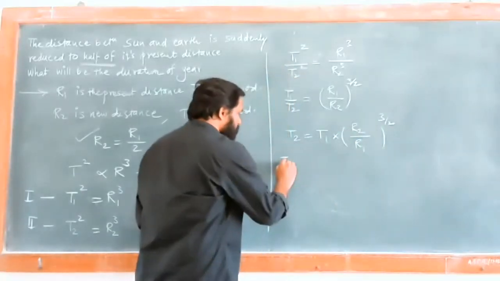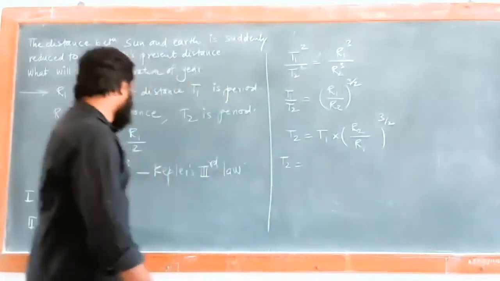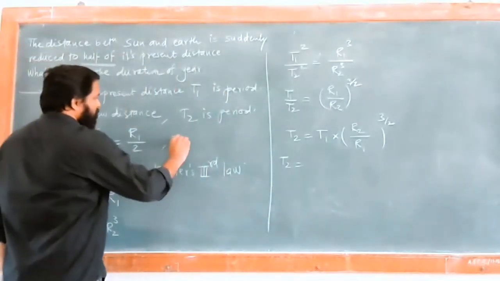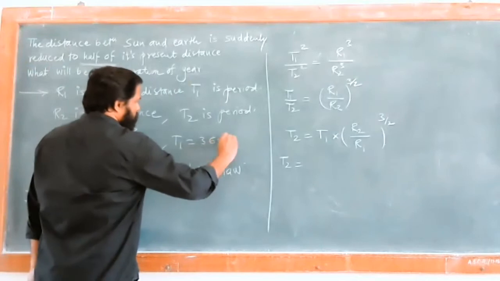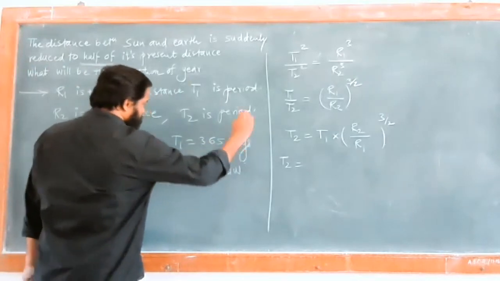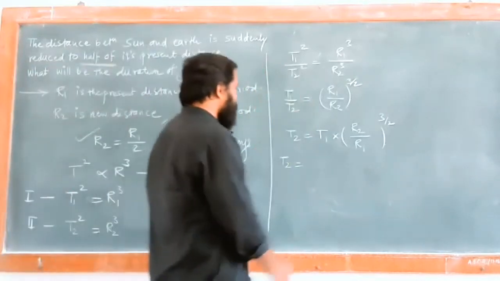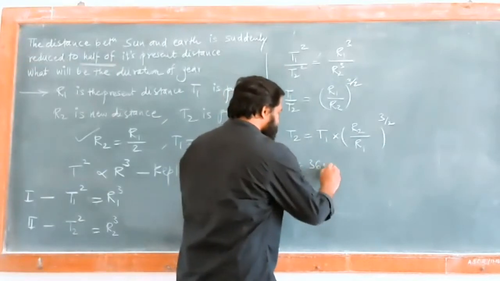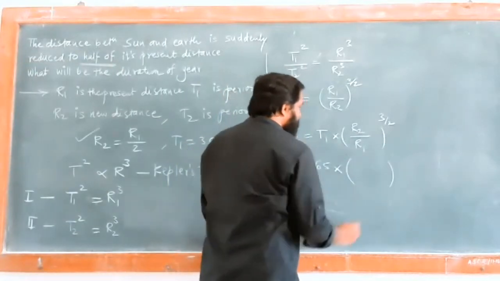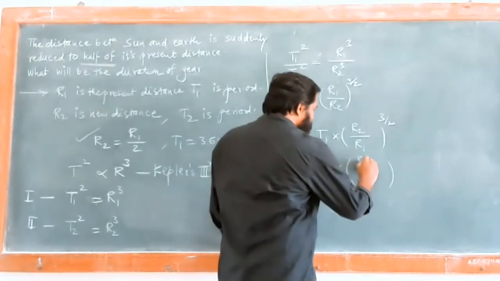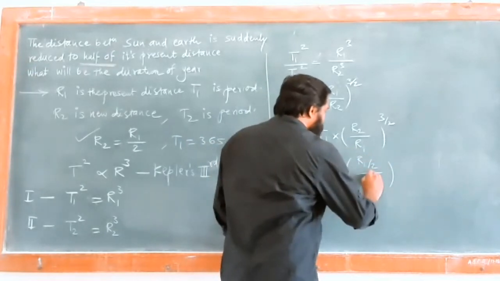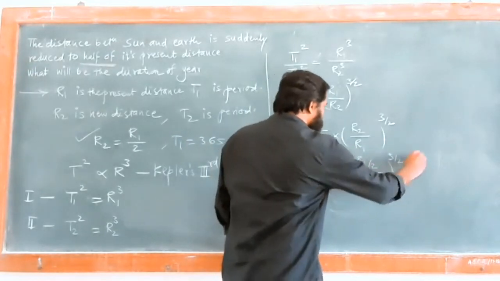And now let's put the values. t1 is equal to 365 days for one revolution, so t2 is 365 multiplied by r2, which is r1 upon 2, divided by r1, raised to 3 by 2.